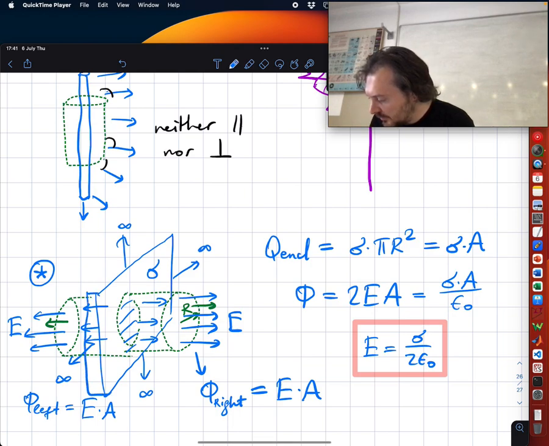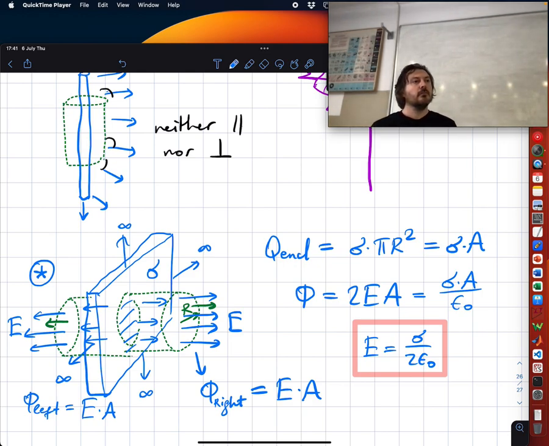Why would that be a problem? Then we have perpendicular lines to the sides of the cylinder. But it's infinite. Yeah, sorry. Yes? Okay. Can we change the orientation of the cylinder? No. Because if you change the orientation, you will start getting flux from the sides.